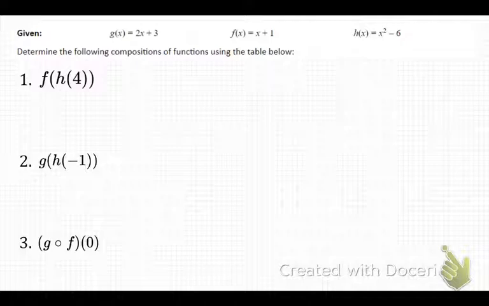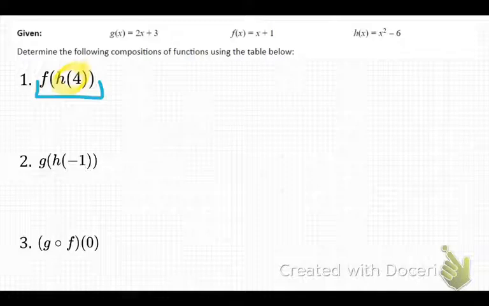So you remember how on number 1, I said it was H and then F? This is how we write it. H is first, and then I plug that whole thing into F. And that's what you guys were doing, right? Do you see how H of 4 is the little inner part right there? That whole thing is my input. So I plug 4 into my H function.